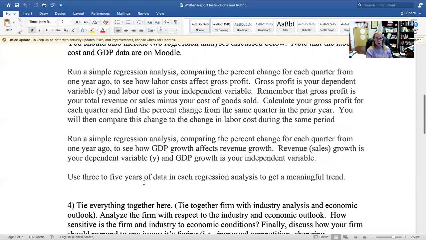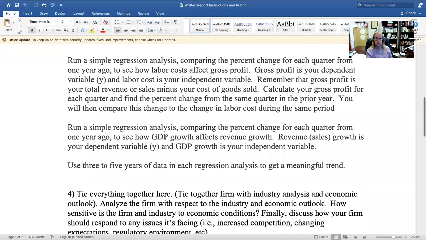The next one is you're going to see how GDP affects your sales growth. So you're going to look at the change in revenues from one quarter to the same quarter a year before, and you're going to see if GDP is affecting your sales growth. I realize that not all of you have had the stats class yet.